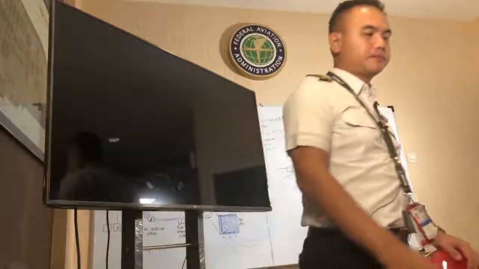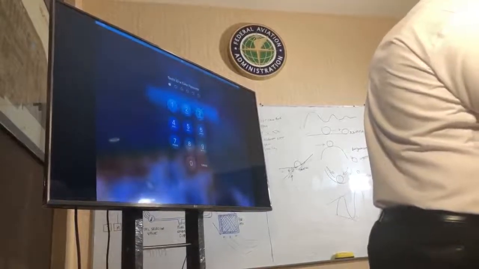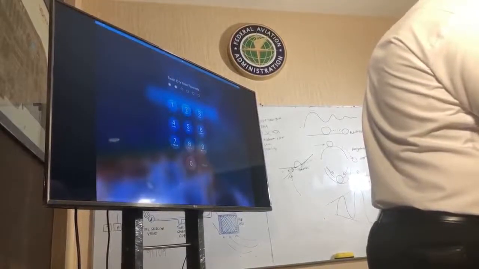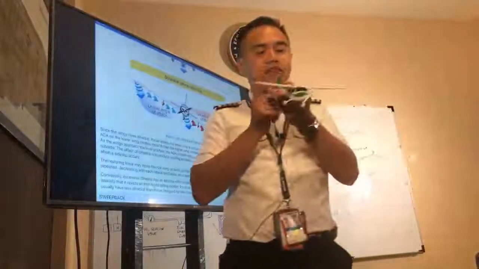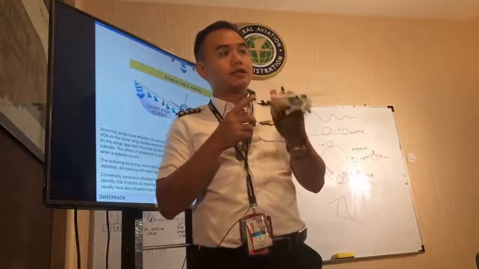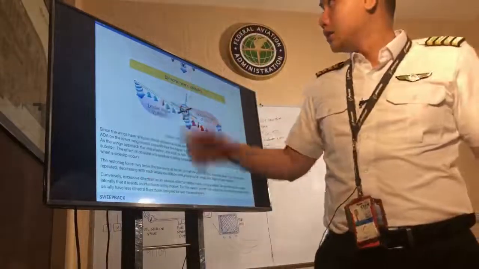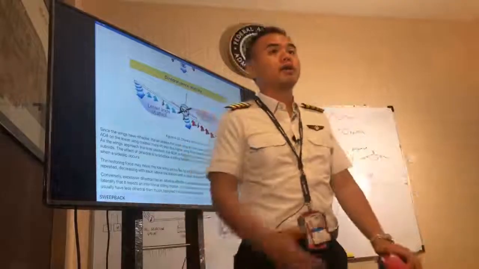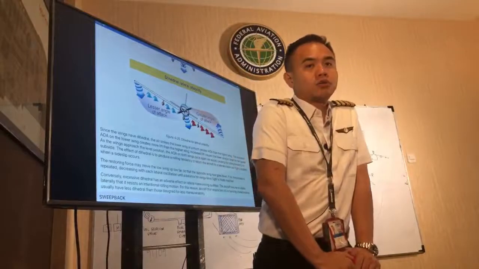Any question? And the other one is yaw stability or vertical stability, which uses the fin. The vertical stability is to prevent the airplane from yawing like that. But the examiner will ask you about dihedral and pitch stability or roll stability.